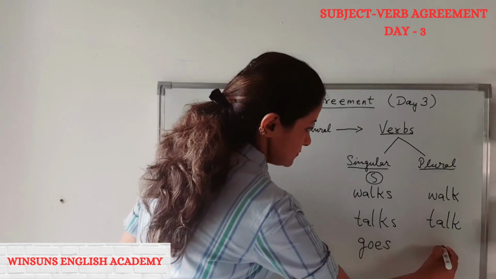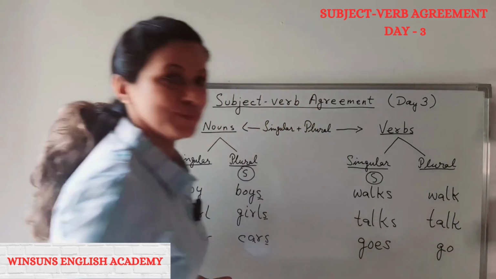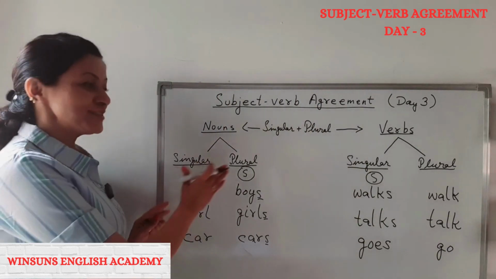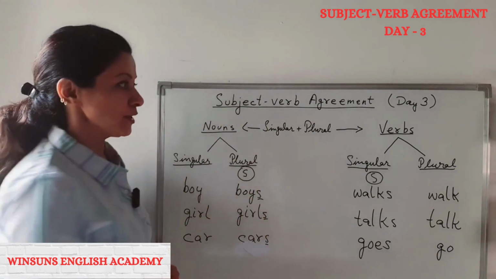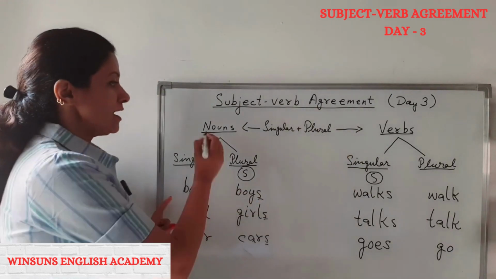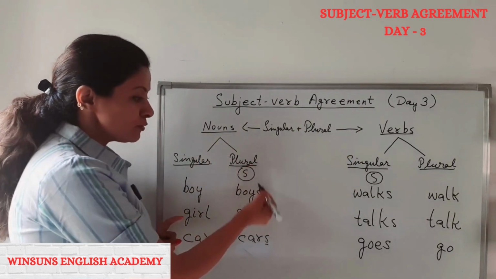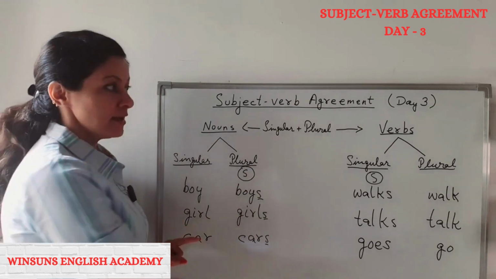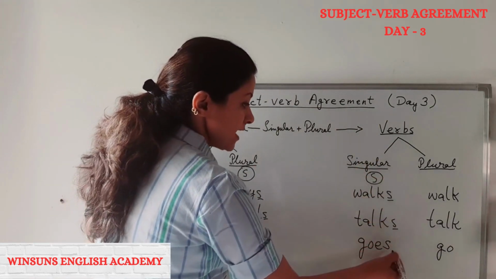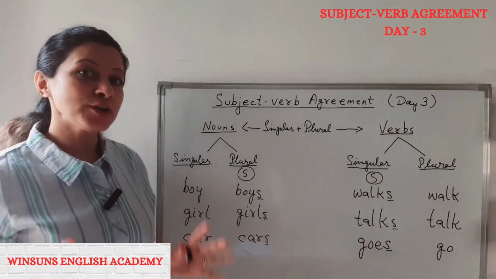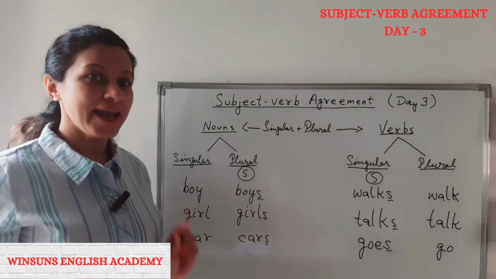Goes, go. So this is the basic difference that we need to keep in our mind, especially when it comes to verbs. In nouns, the plural forms take the S. In verbs, the singular form takes the S. And yes, we are also going to look at the power of S.